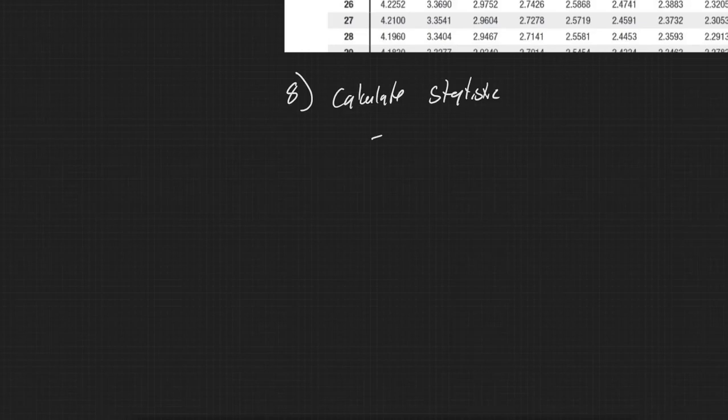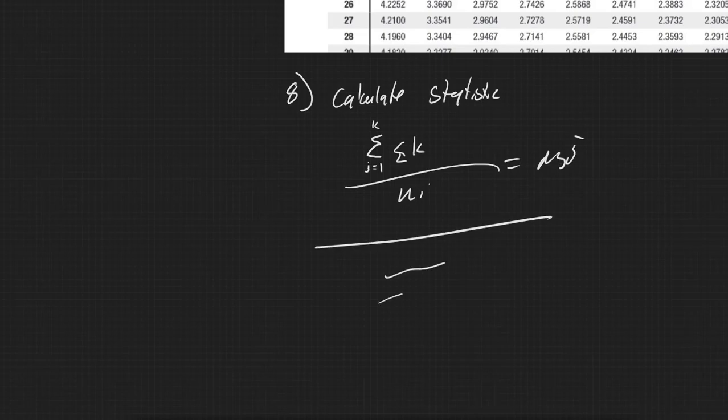Number 8 in our hypothesis testing program is the calculation of the statistic, right? And this is where we would do the summation of j equals 1 to k, but k is actually within 2, and then it gets complicated, and then you do the summation of the summation, and then you do the n plus 1, where this is the MST on top, and we have to do it all again, and this is the MSE on the bottom, and so on.